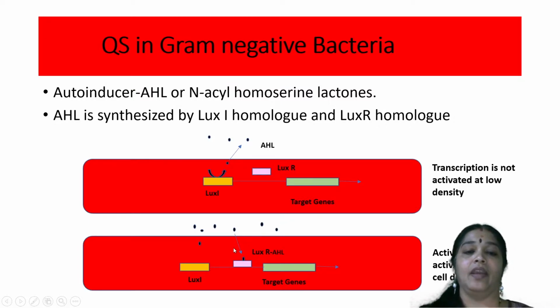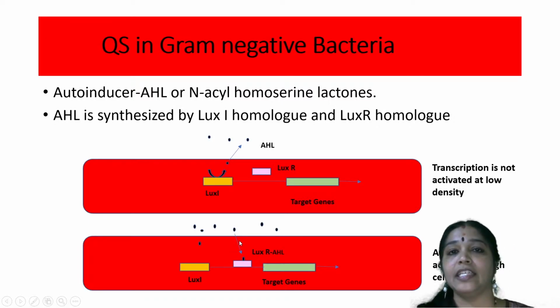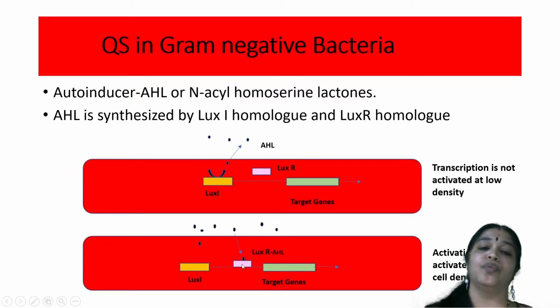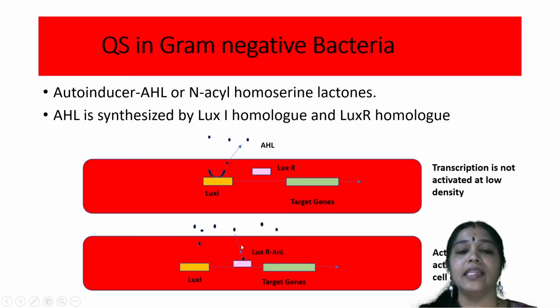But then as the population density progressively increases, the AHL or autoinducer concentration in the extracellular environment increases. Now here they come and they bind. As it increases, autoinducers bind to a particular receptor region on LuxR, and this complex will activate the target gene.